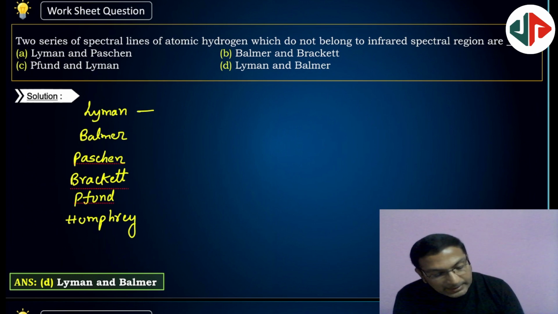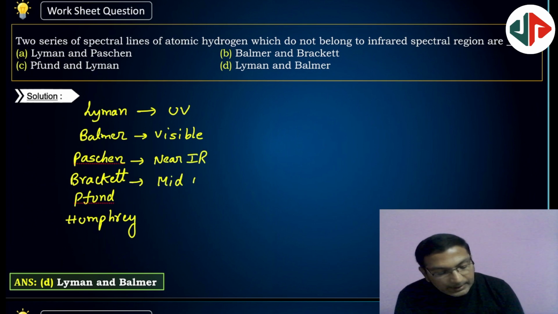So Lyman series of lines were observed in UV region, Balmer series of lines in visible region, Paschen near IR, Brackett middle IR, Pfund far IR, and the last one also far IR.